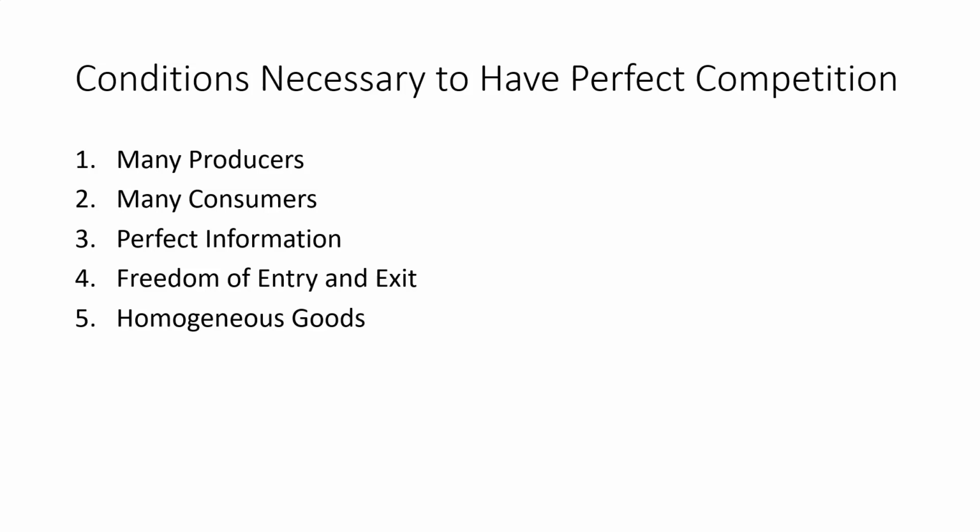Now, one last characteristic of perfect competition is that there are no externalities in the market. An externality is defined as an unintended output of production for which the producer does not pay nor is compensated. So the producer is making something that they don't pay the full cost of or they don't get the full benefit of.